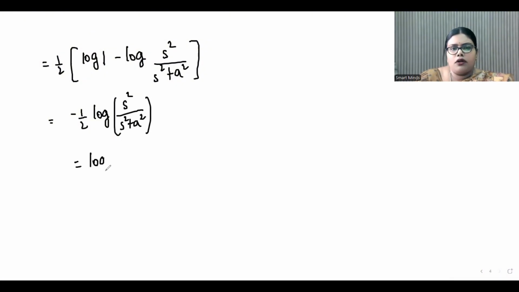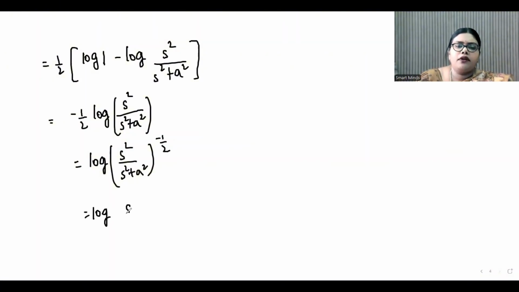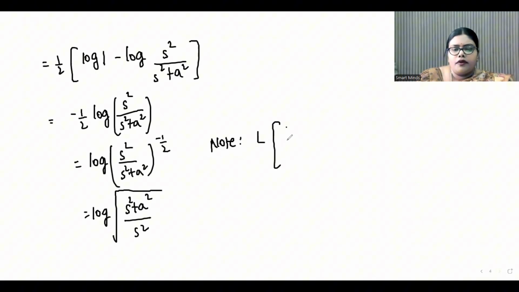That is equal to log of s square by s square plus a square whole power minus 1 by 2. To remove the negative power, you have to take the reciprocal, s square plus a square by s square. And to remove this power 1 by 2, we will take the square root.